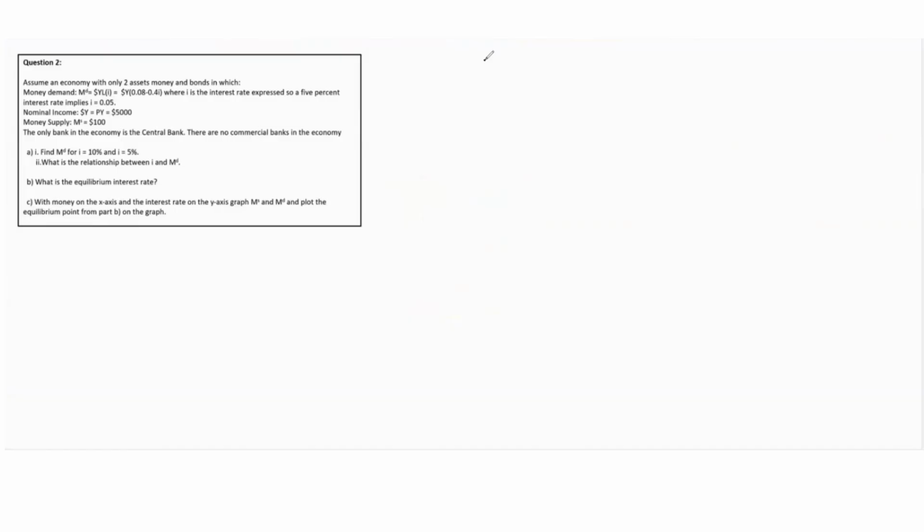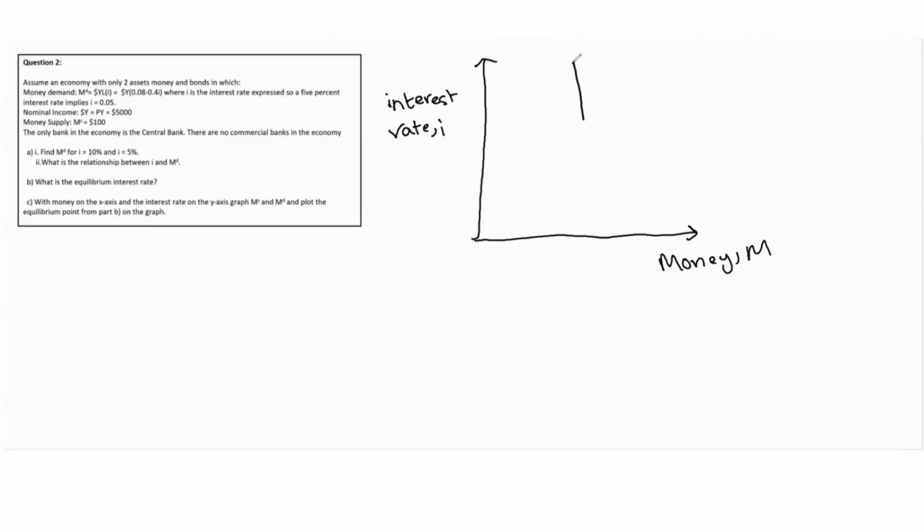When you want to plot this, on the vertical axis we have the interest rate i, and on the horizontal axis we have money M. We plot a vertical money supply curve MS, vertical at the level of money supply fixed by the central bank, which is 100. M is equal to 100.